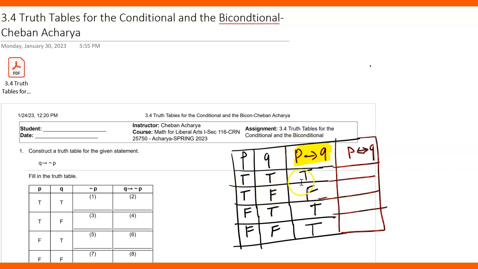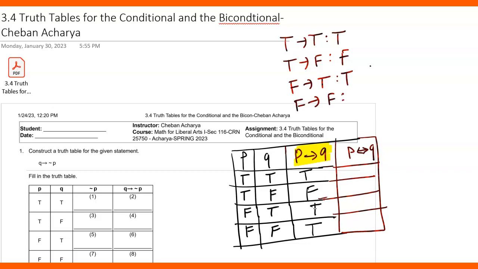You can also write this column in that way: T right arrow T is true, T right arrow F is false, F right arrow T is T, F right arrow F is T.